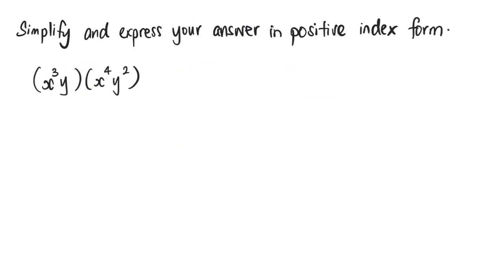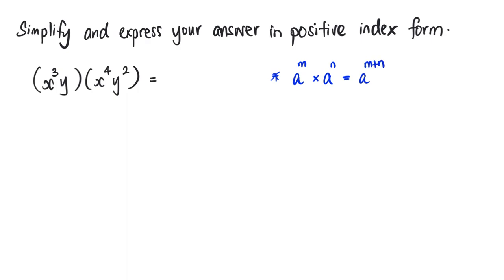Hello everyone, welcome to this problem where we are required to express the following problem in positive index form. I am going to make use of the law that when we have the same base, we actually add the powers together.